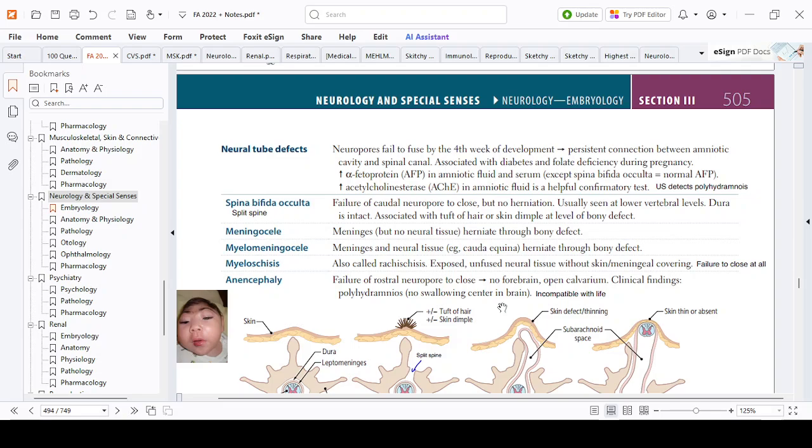So basically, the concept of polyhydramnios is that the kidney is forming urine. In utero, the urine is formed, goes into the mouth, and the fetus swallows it, and it may also go into the chest, the respiratory system.